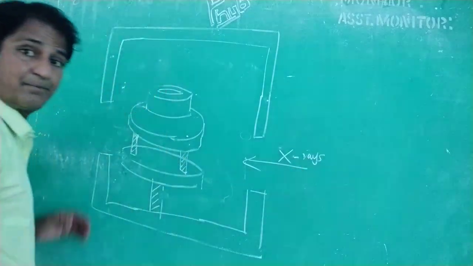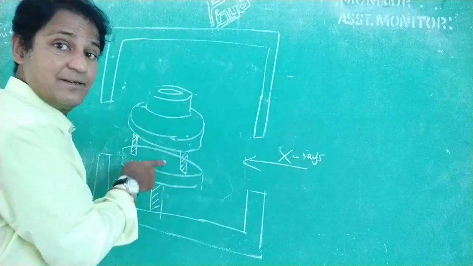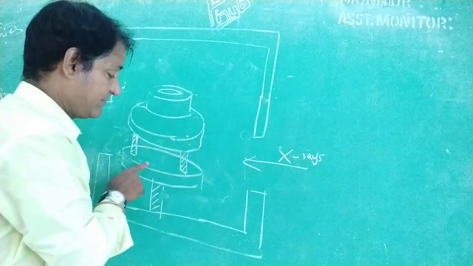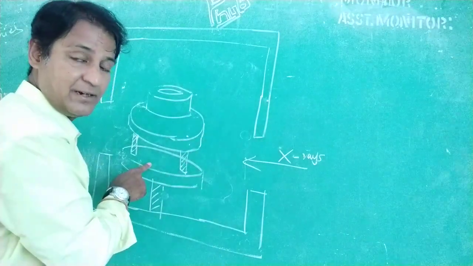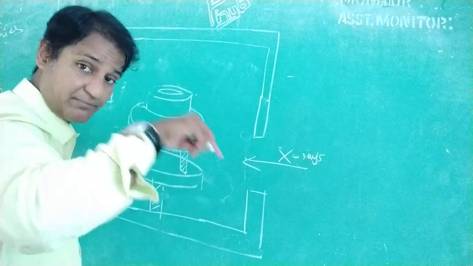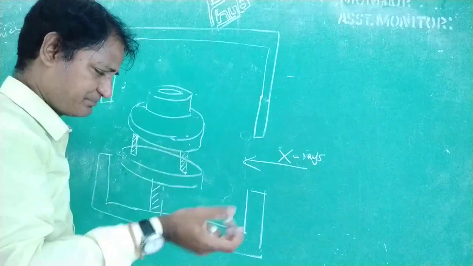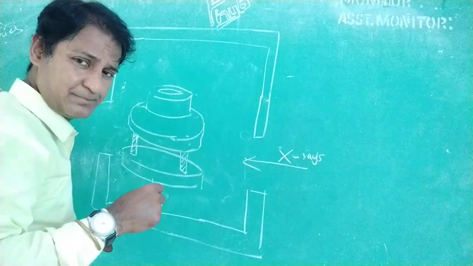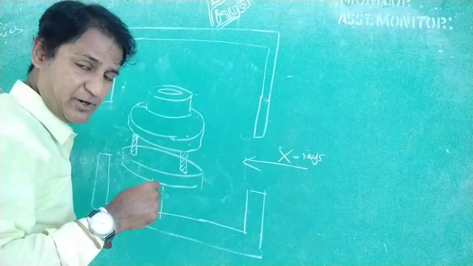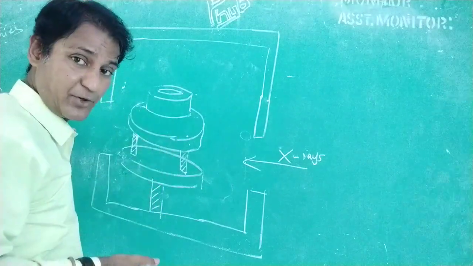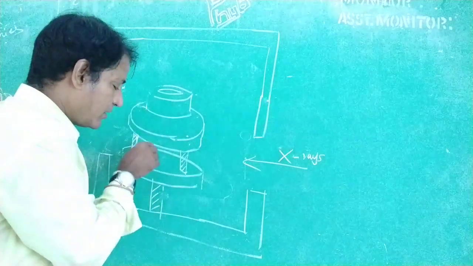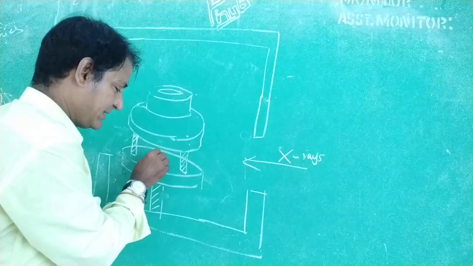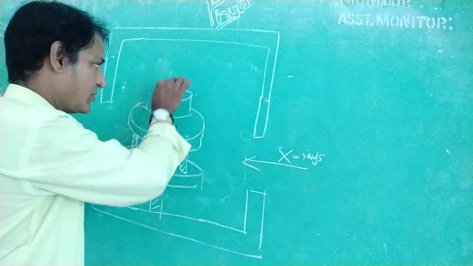This X-ray will ionize the air molecules present between the circular discs, and because of that, the electrons coming out from the ionized air molecules will be captured by the droplets which are coming into this region through this hole.